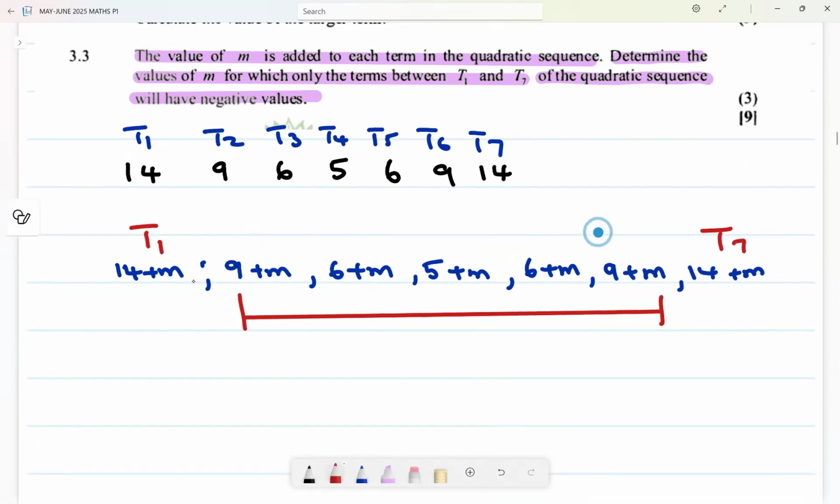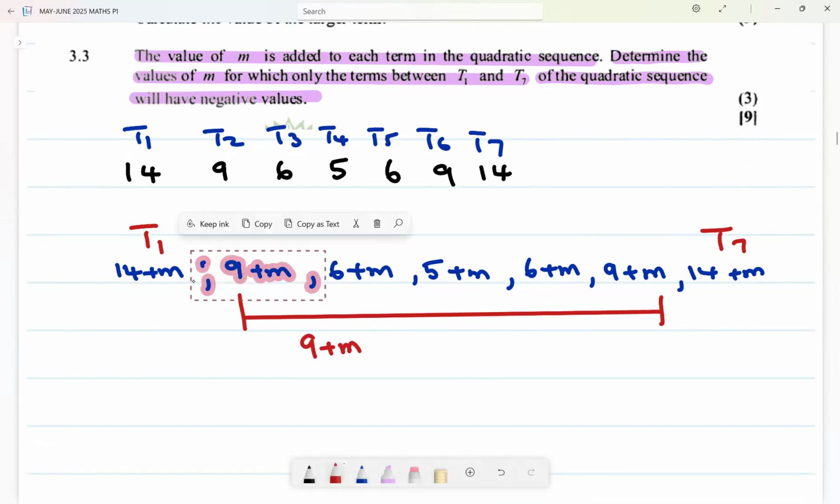So which values of m? Determine the values of m for which only the terms between T1 and T7 of the quadratic will have a negative value. So which value of m can make all these terms negative? Let's start here. 9 plus m, we need that to be negative.